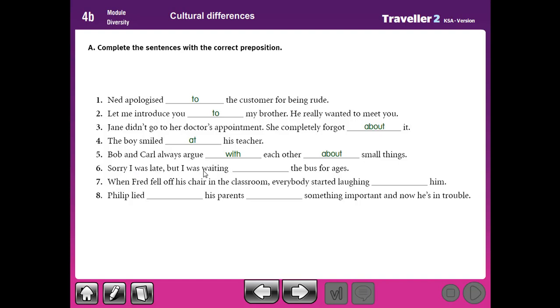Sorry I was late, but I was waiting for the bus. When Fred fell off his chair in the classroom, everybody started laughing at him. Philip lied to his parents about something important, and he is in trouble now.